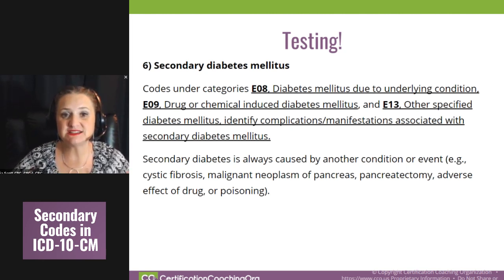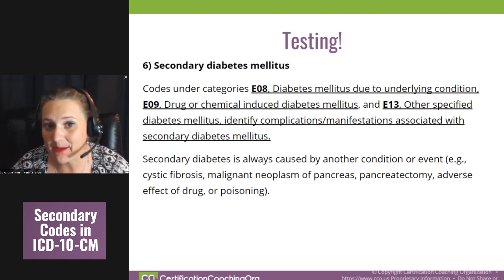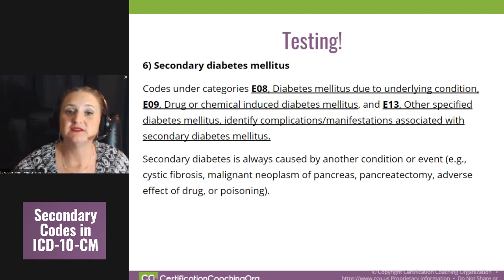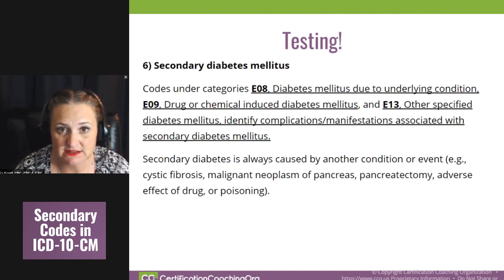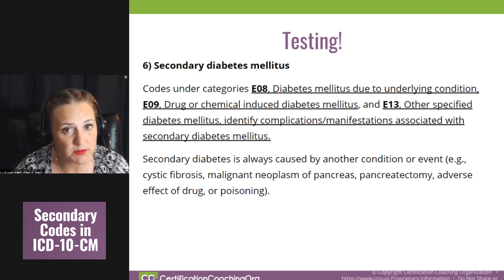And in this format, what it means is the patient has diabetes because something else happened. The codes that you want to look at, and these are codes that you probably are not going to use that often, but they will definitely show up in your multiple choices.